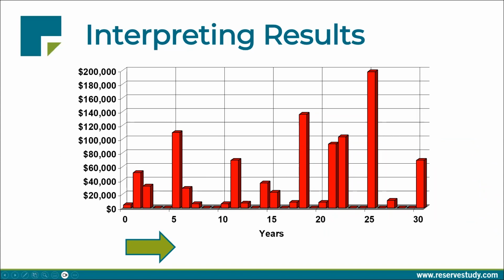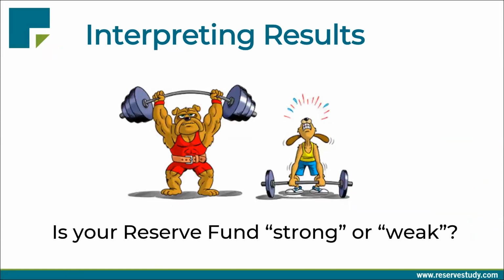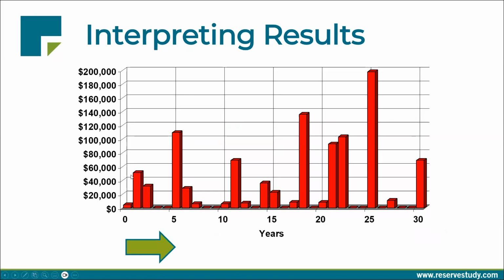Well, we need a funding plan that provides for us, but then it all depends what your starting point is. Is your reserve fund starting out being strong or weak? That's going to make a difference. I'm going to go backwards a slide here. Let's just talk about this association. If this association is starting out at $20,000, they're going to have a hard time crossing this $50,000 or so of expenses in the next year.